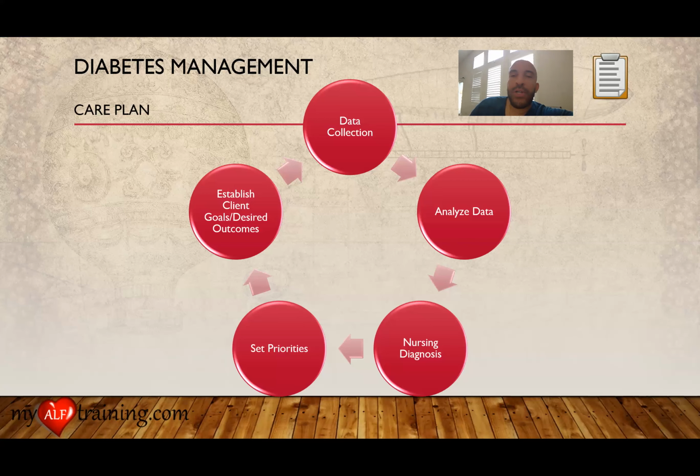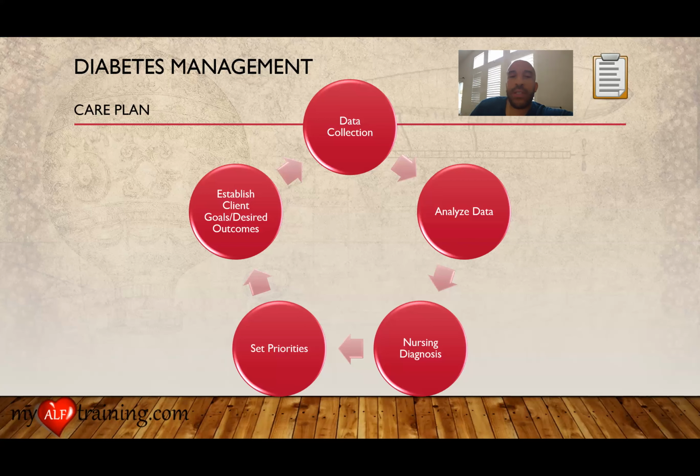We develop our nursing diagnosis. We set priorities of care to address the diagnosis and the issues causing it. And then we establish goals and outcomes to measure our success or track our progress towards meeting the client's goals.